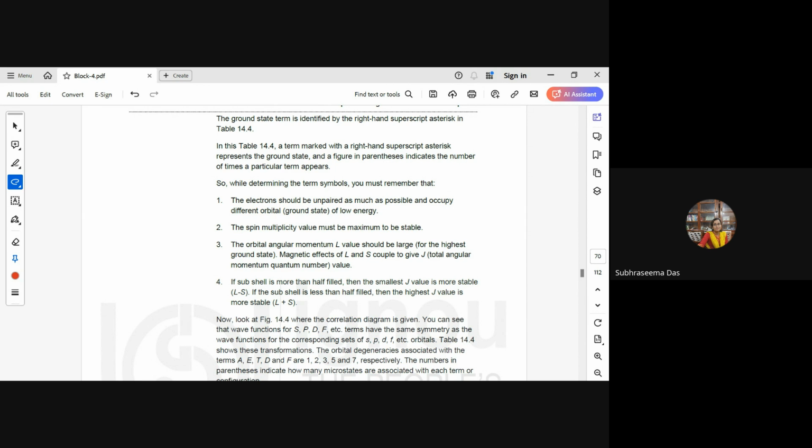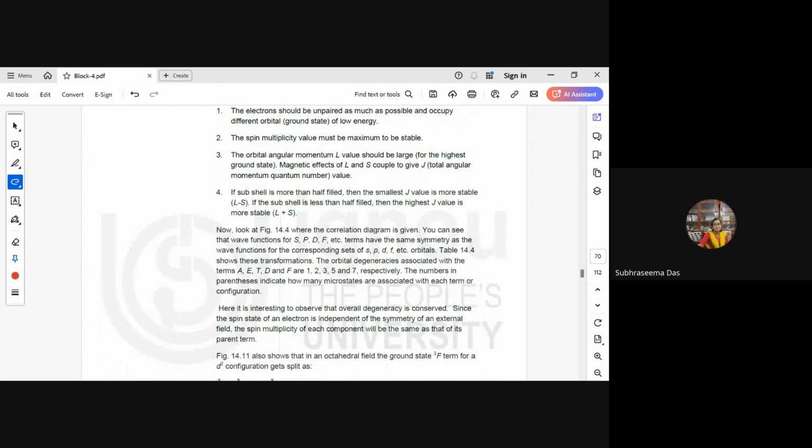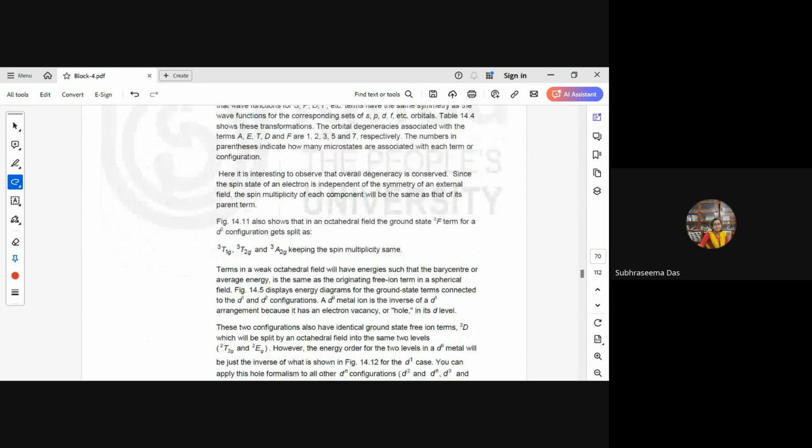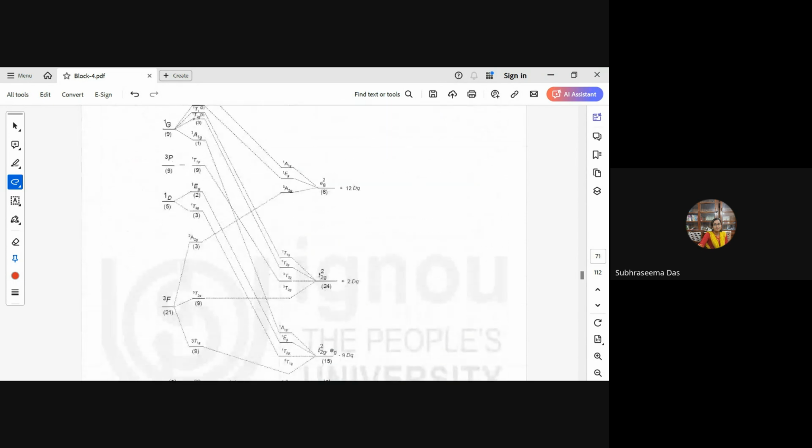The angular momentum, the capital L, should be the highest for the ground state, and the capital L and S couple to give J, the total angular momentum quantum number. If the subshell is more than half filled, the smallest J value is more stable, and if the subshell is less than half filled, the highest J value is more stable. Here certain examples have been shown.